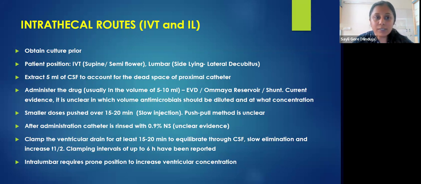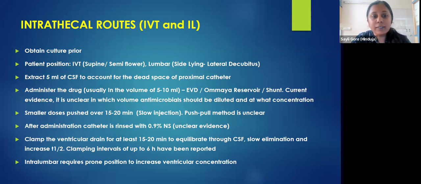So once the cultures are obtained, then you start the patient on this therapy. What the neurologist will do is extract some amount of CSF just to account for the dead space of the proximal catheter, so that the drug does not just remain in that catheter and will go inside. That's the reason you take a little bit of CSF outside, then you give the drug.